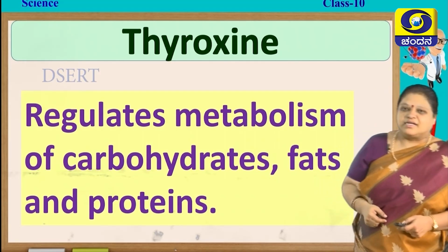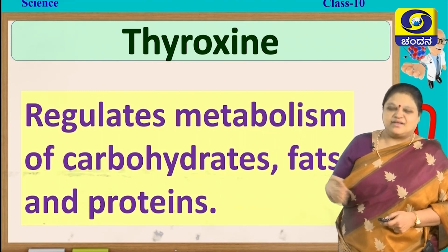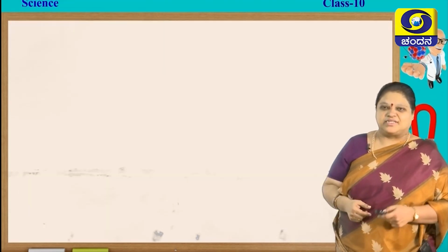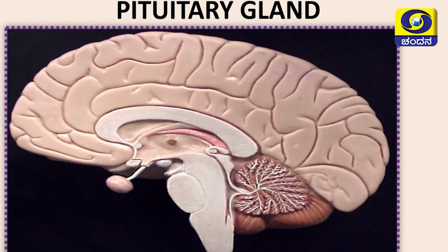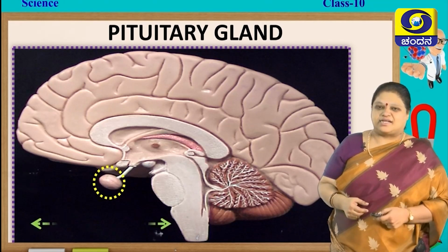Write down, thyroxine regulates metabolism of carbohydrates, fats and proteins.